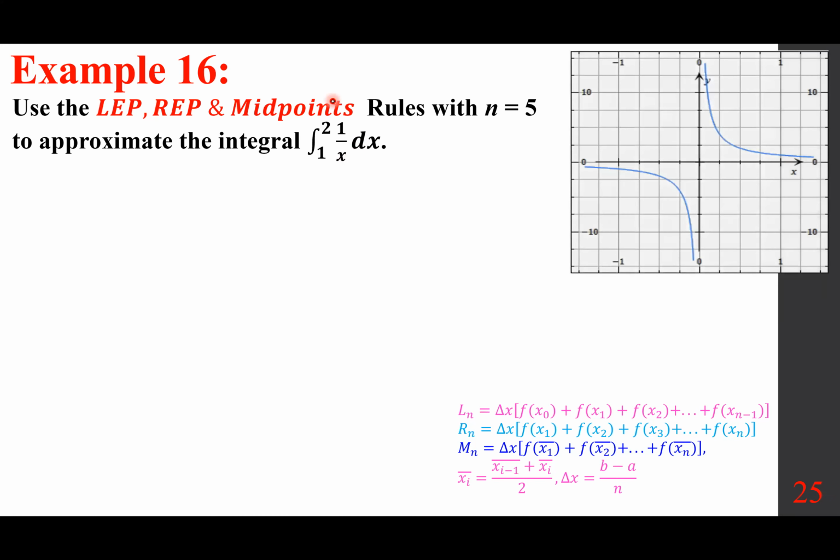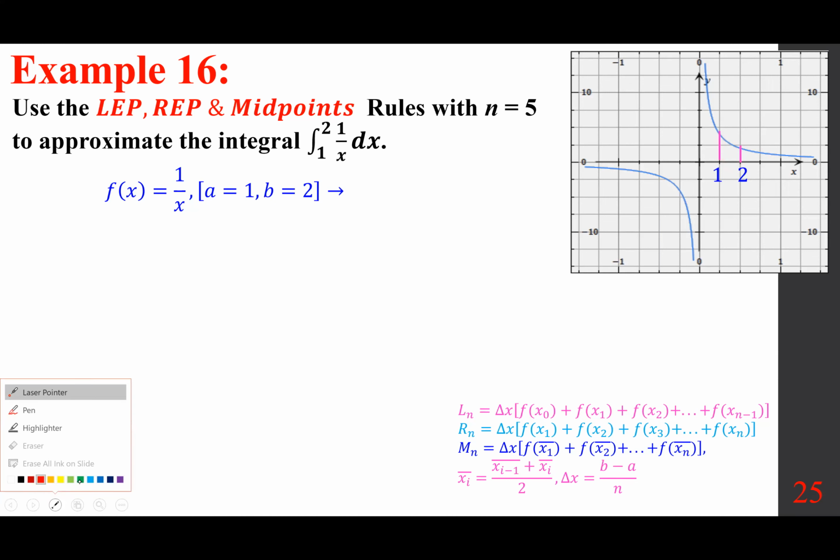Here's the graph of y, or f of x, equals 1 over x. So here's number 1, here's number 2. We are interested in this area. If I shade this area, this is what we want.